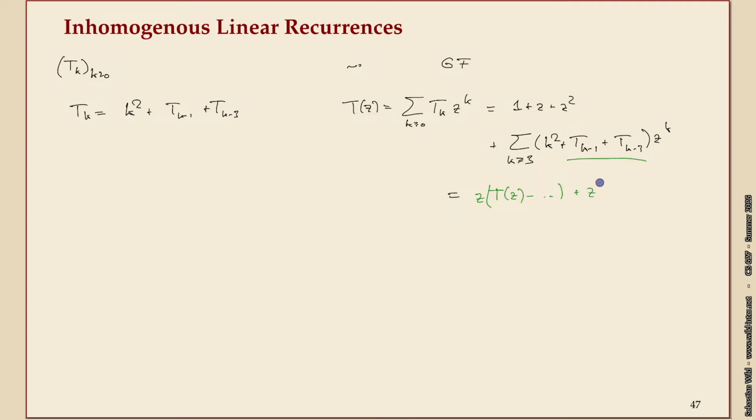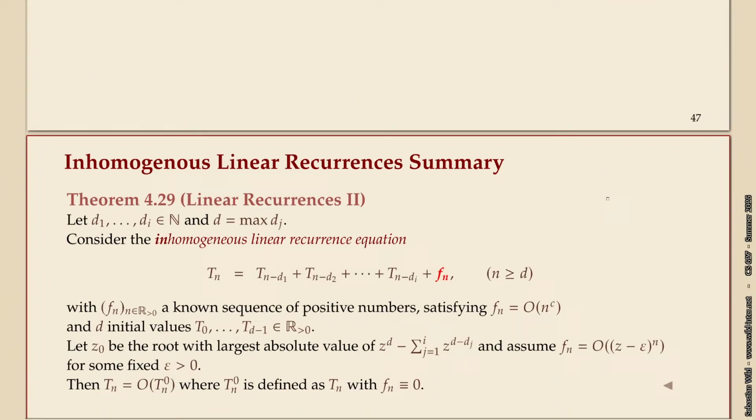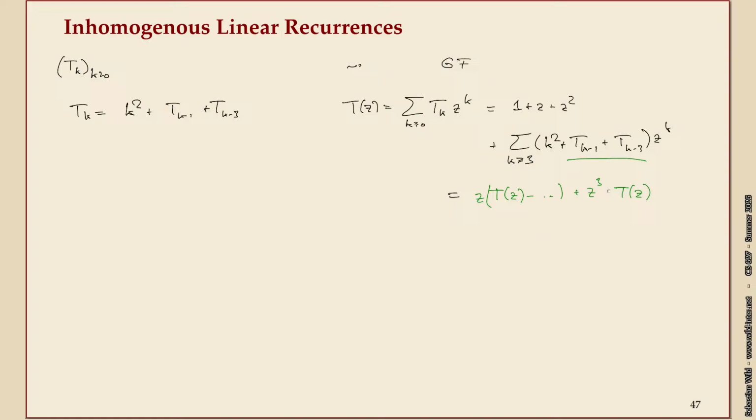And then there's a z cubed, t of z. And because I'm starting at 3, this one's probably fine as is. This one needs some subtraction because I start at 3 when the generating function would have started at 1.